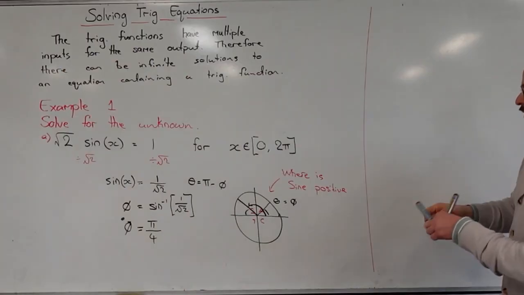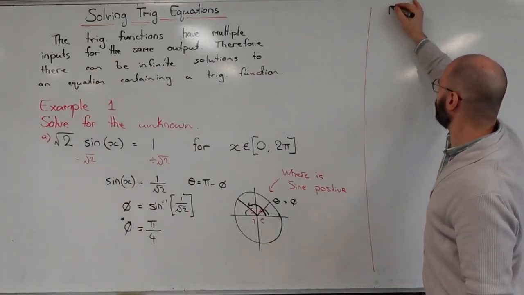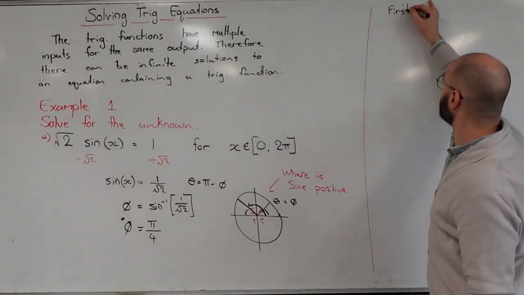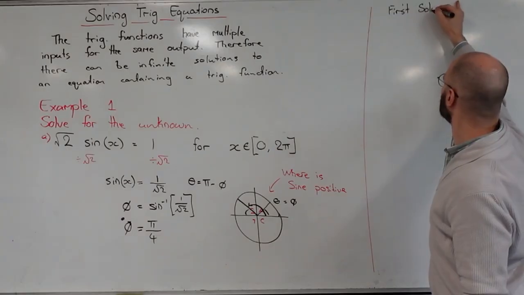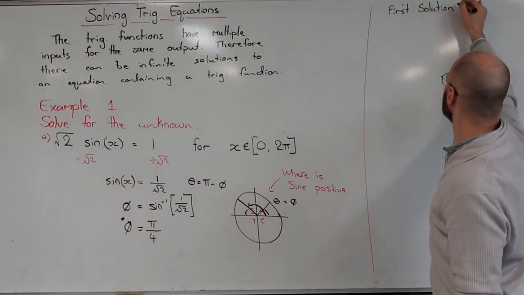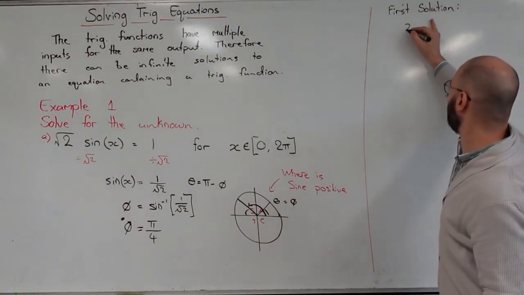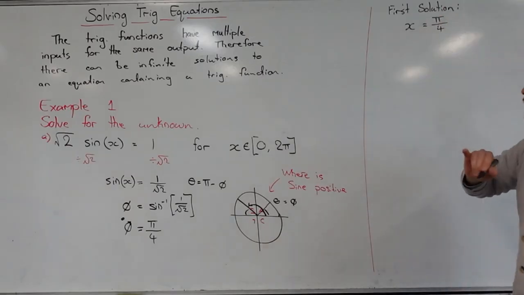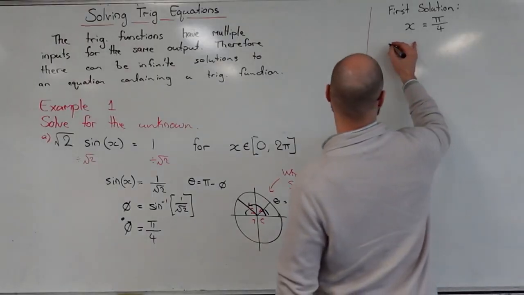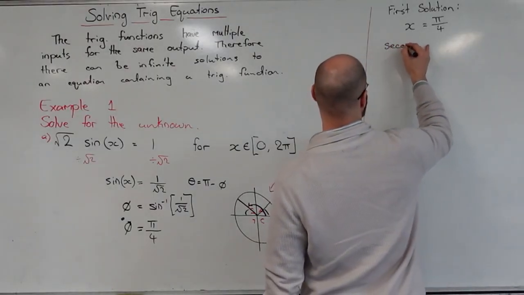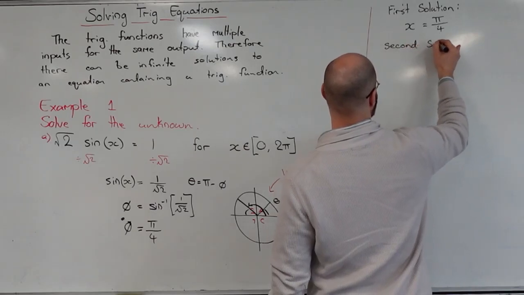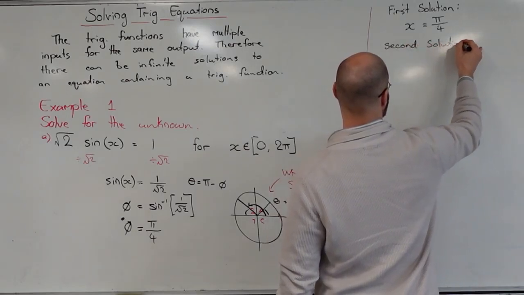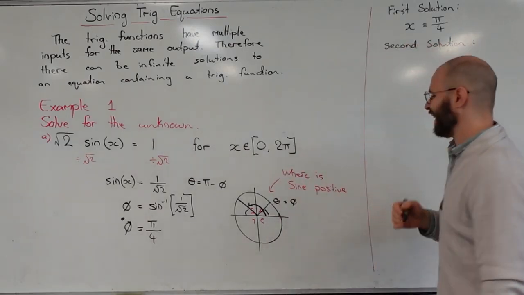So let's go. Our first solution is going to be x equals pi on 4 radians. Happy days. Second solution that we're expecting: we need to think.